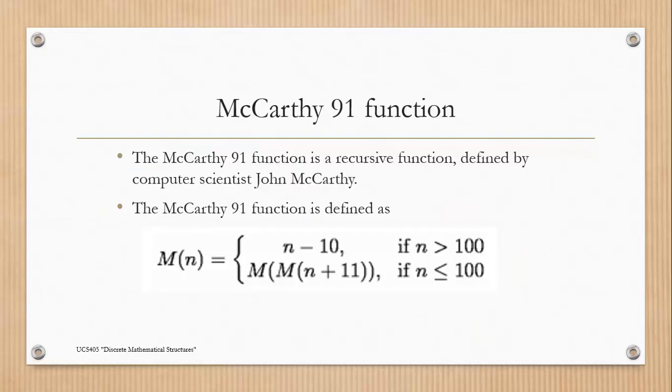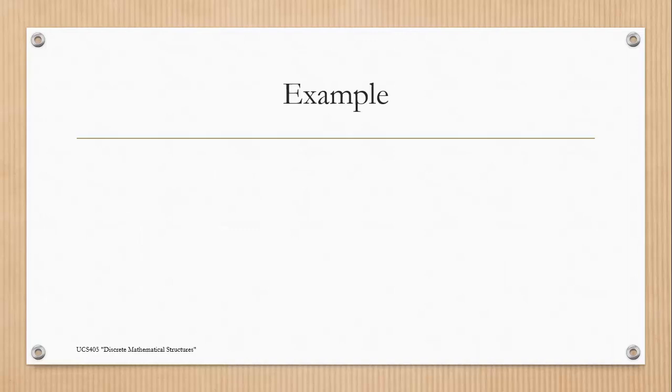Second, McCarthy function. McCarthy function is defined as M of n is equal to n minus 10 if n is greater than 100 and is equal to M of M of n plus 11 if n is less than or equal to 100. So we will solve it for n is equal to 99. We have to calculate M of 99.